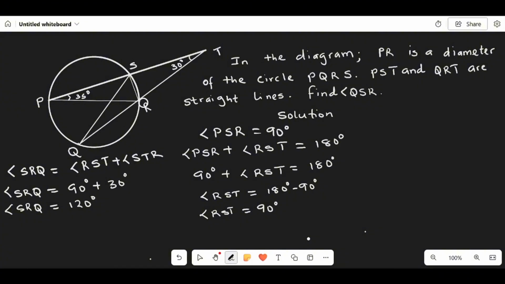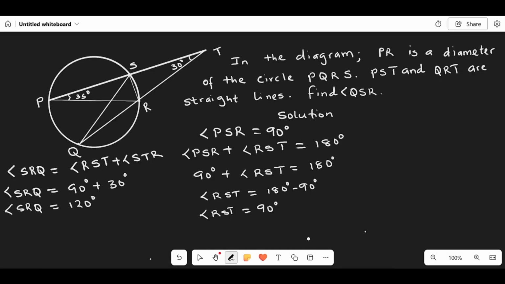Angle SQR and angle RPS are equal because both angles are on the same segment. Angles on the same segment are equal to each other.